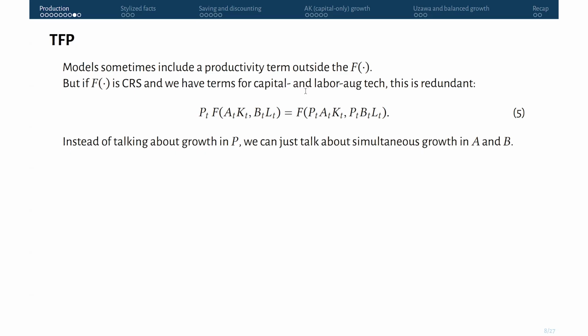Because if we have a P on both inputs, we can just pull it out by constant returns to scale. Likewise, we can just push it in, which is to say that instead of talking about growth in P, we can just talk about A and B growing simultaneously at the same rate.